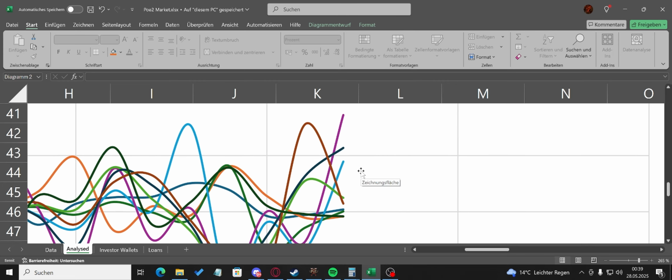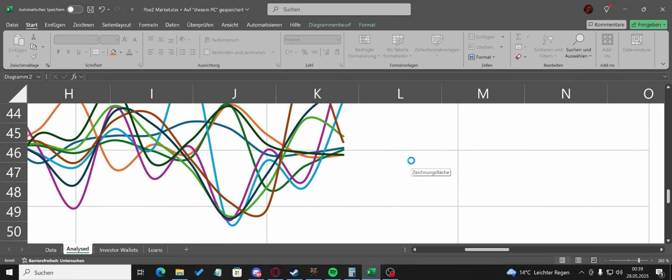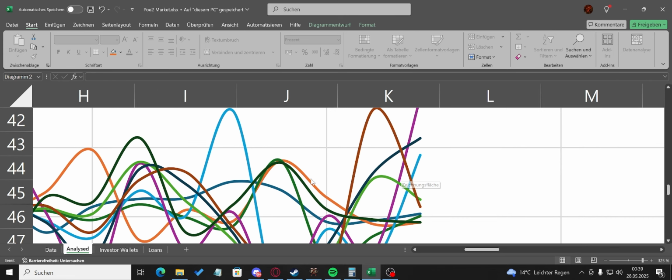If you look at the rest down here, you can see that, for example, the mirror has had a lot of price hikes. And if mirror increases in price, that usually means that all the other currency like divines and chaos also increase in price.